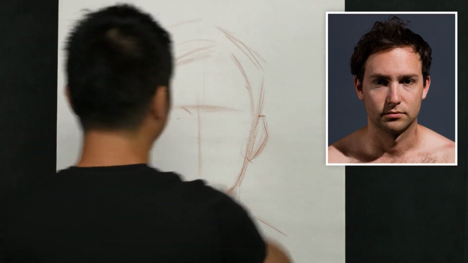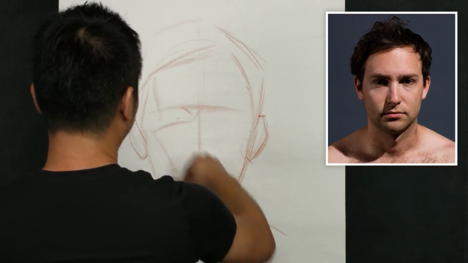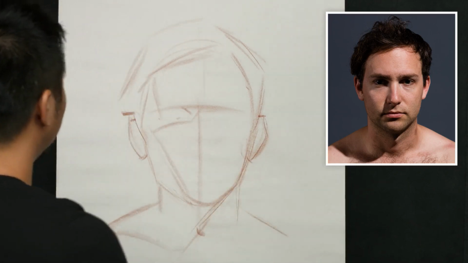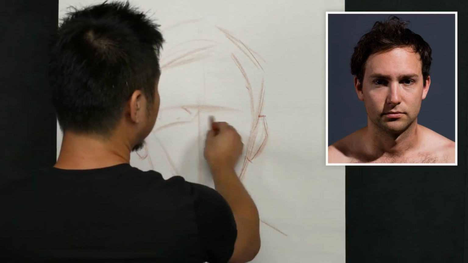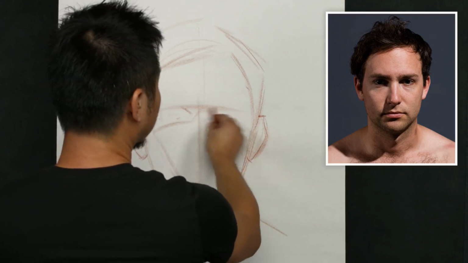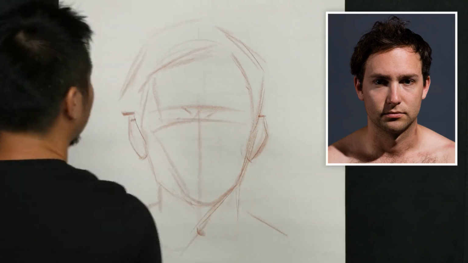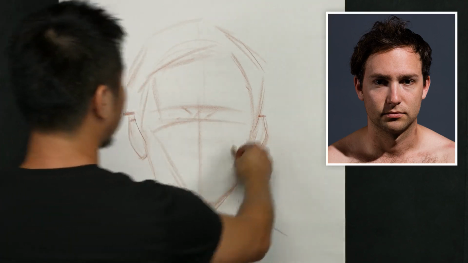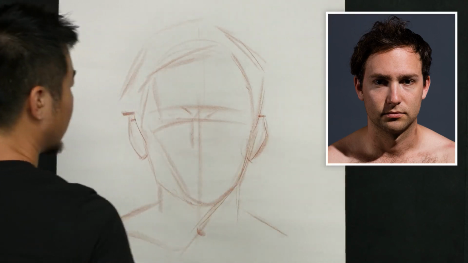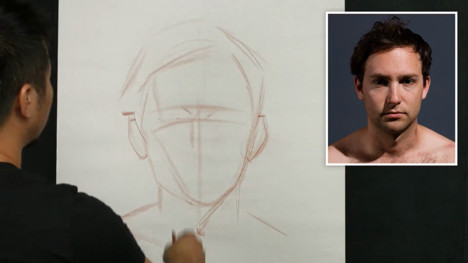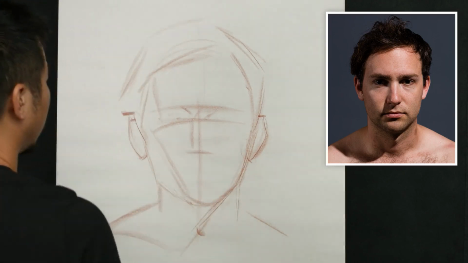What I can even do for now is this, and then I can find a smaller feature within it. And here it's going to be our eye line. And I see a core shadow of the nose. I'm going to put that down to help guide me to where roughly the nose is going to be.